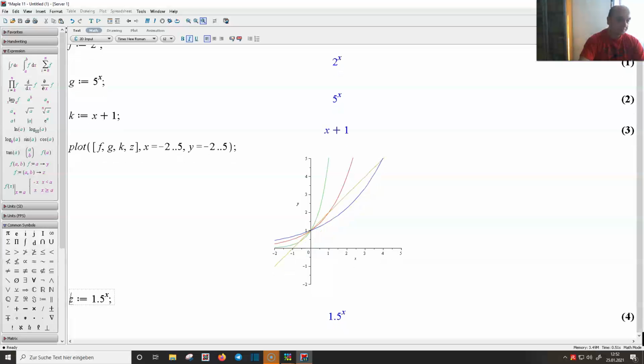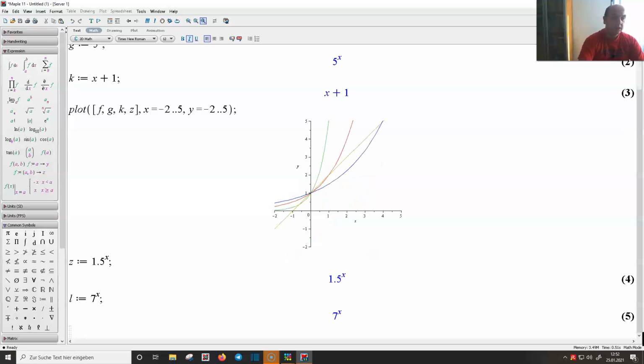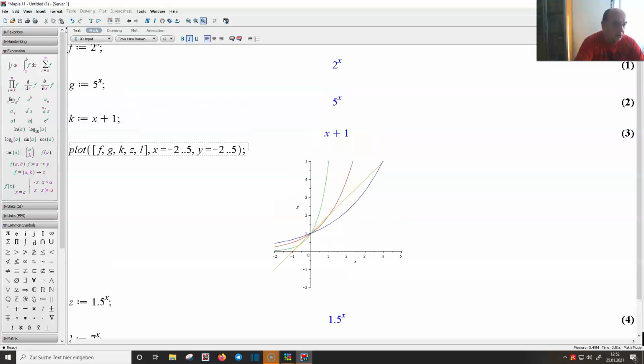All right, so if we have L, which we are defining as, let's say maybe firstly 7 to the power of x, let's see what's happening here. So we add L as well to this list, especially if you look, I just defined G. So what we want to understand, we keep K in the list.